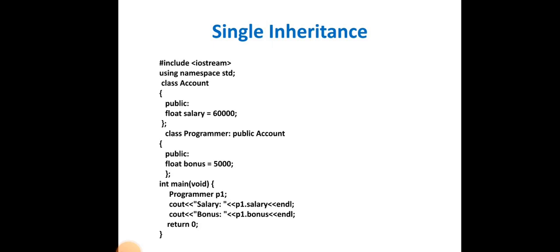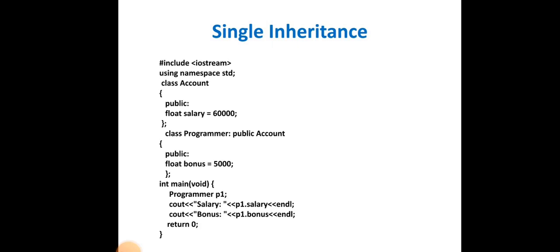Inside this derived class, we declare public data float bonus equal to 5,000. So here class account is the base class, class programmer is the derived class. We are going to derive the data from the account base class.